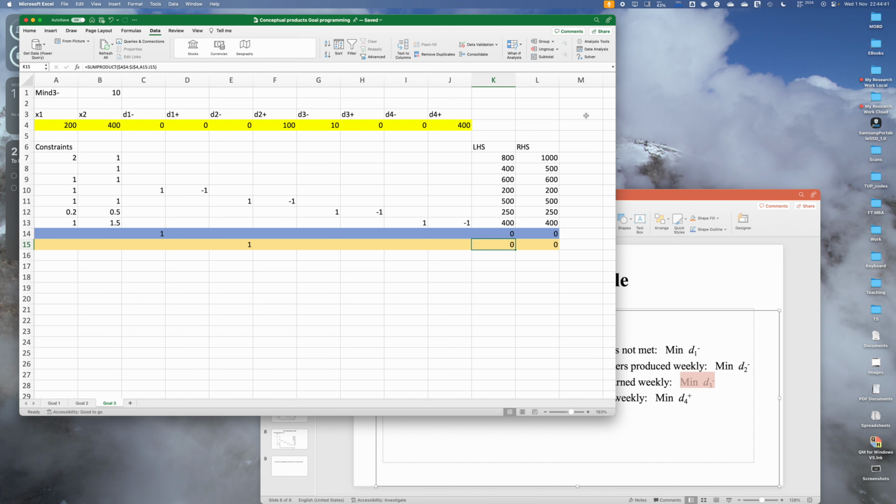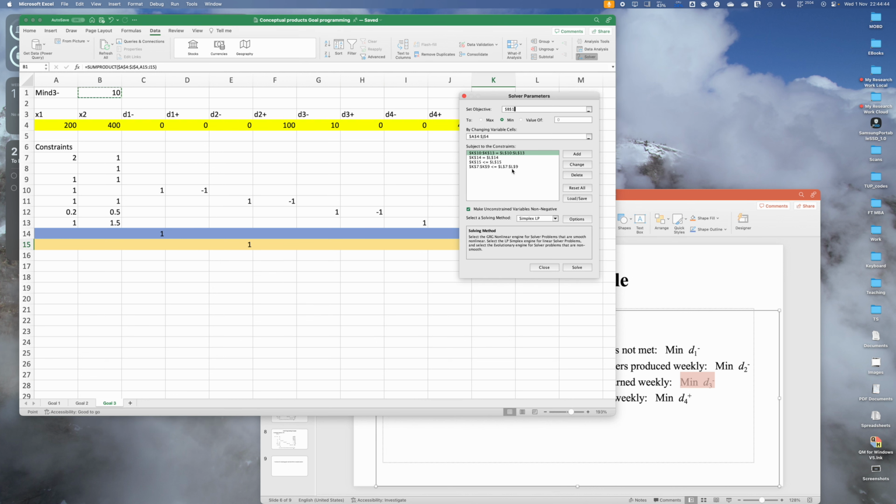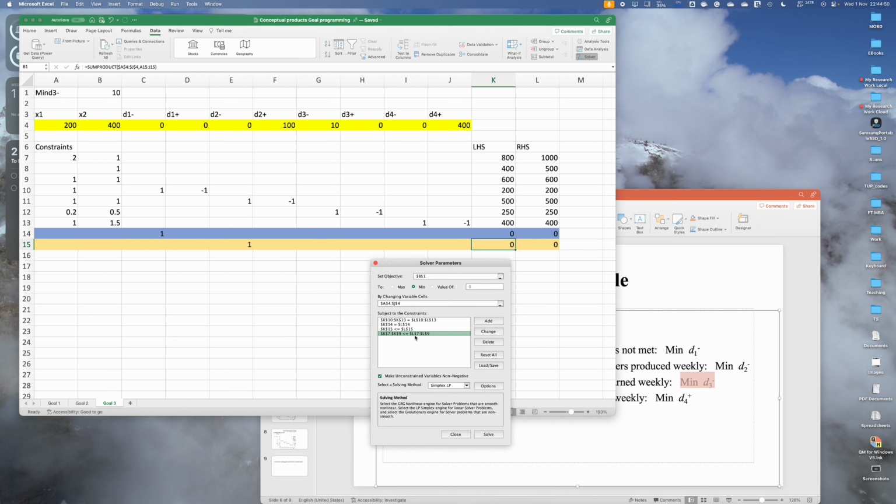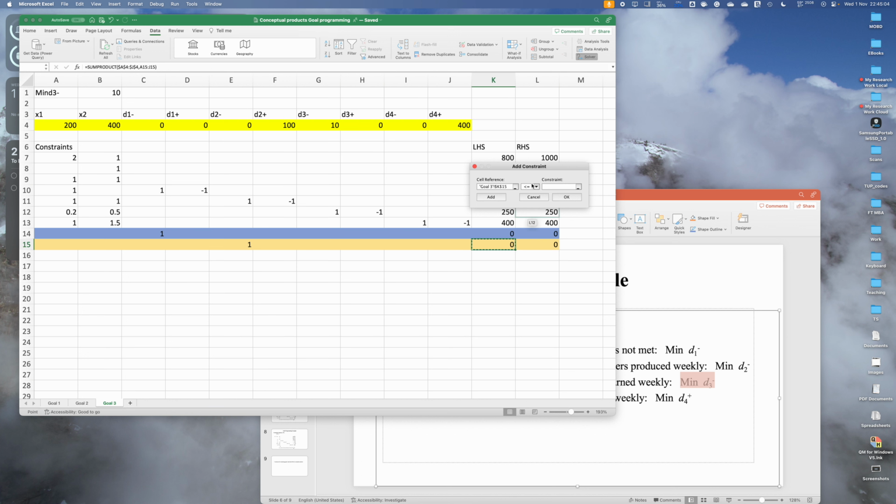So go to Data, Solver, and the last constraint, yeah, it is added. Sorry, K15 actually should be changed. I'm going to delete it, and basically this value should be exactly equal to this value, because I want to keep my previous achievement of the goal intact.